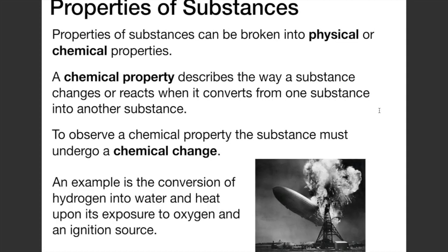For example, we can look at hydrogen being converted into water and heat upon its exposure to oxygen in an ignition source. This is a reaction that some people call the Hindenburg reaction. In order to observe the water and observe the heat, the hydrogen and the oxygen molecules have to undergo a chemical change.